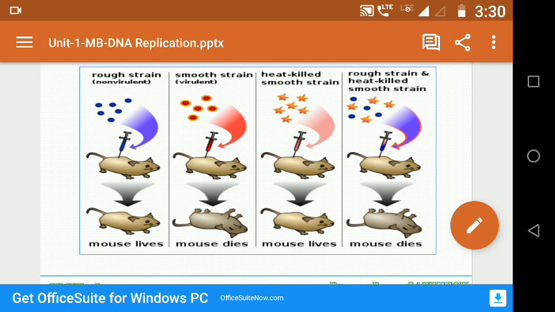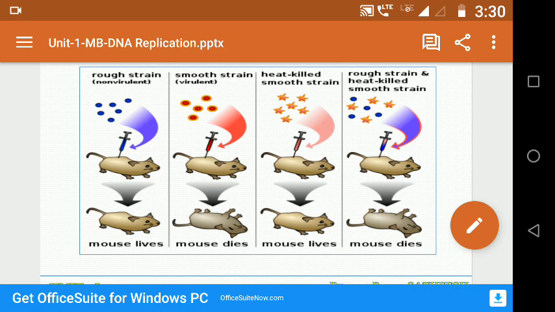But in fact, the smooth strain is the virulent strain that causes pneumonia to the host, the infected organism. Whereas the rough strain is avirulent. If we inject the rough strain into any animal model, nothing will happen. But if we inject the smooth strain, it causes disease.